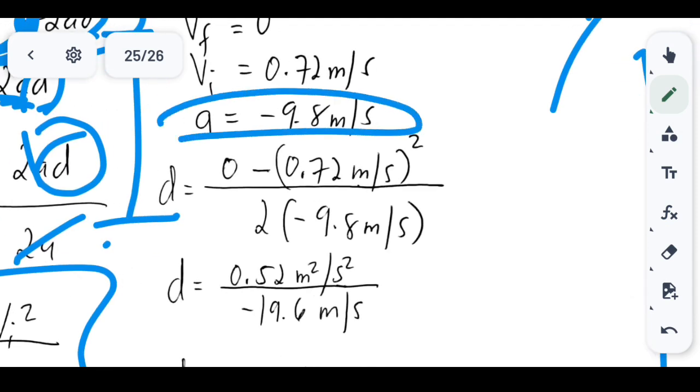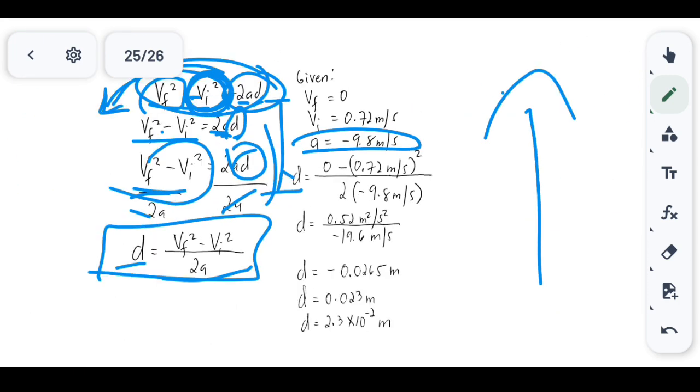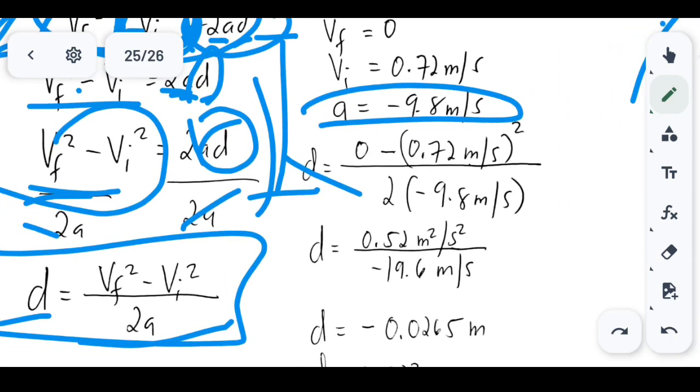And the next is substitution. Substitute mo lang yung mga given values on this equation. You will have 0 for the Vf squared kasi wala siyang value, minus 0.72 meters per second squared. Pwede mo ipasok to sa parentheses, magiging positive din naman yan.